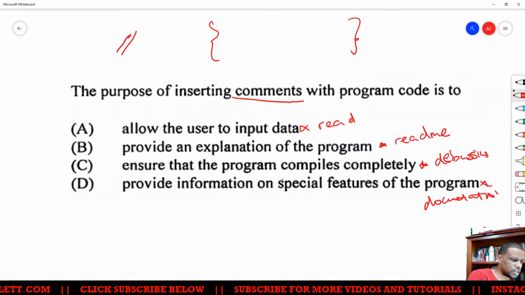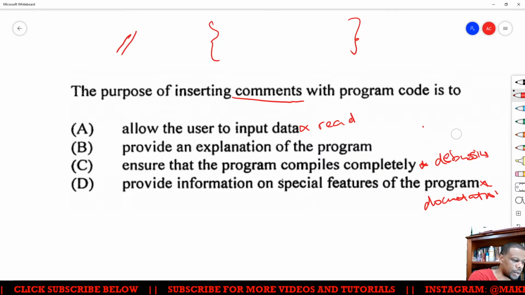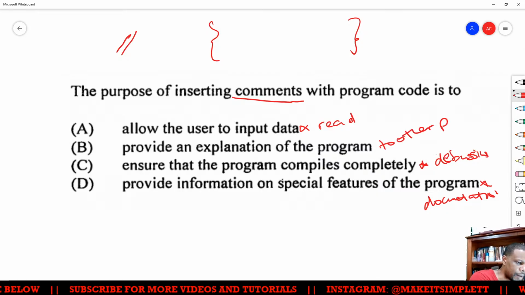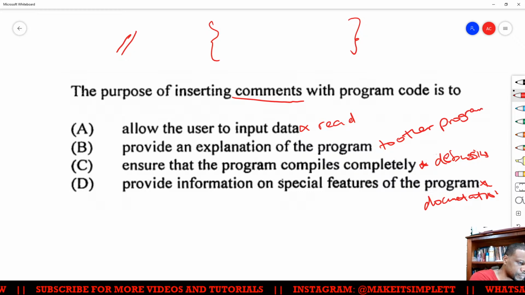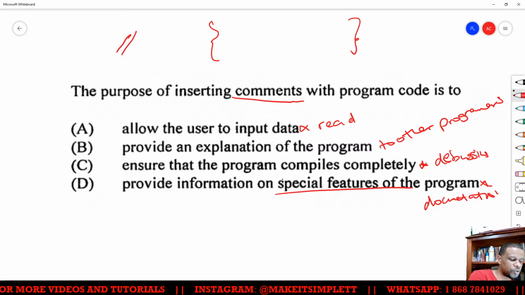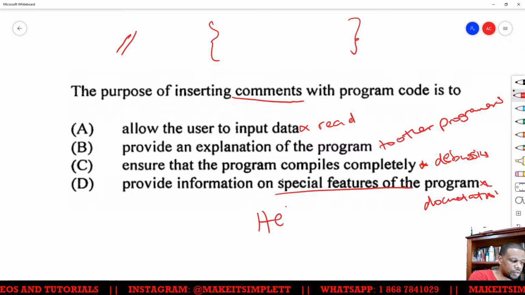Alright, so based on all of those, the best one here would be provide an explanation for the program. It really should be provide an explanation for the program to other programmers. Right? Because information on special features of the program, that sounds like a help file.